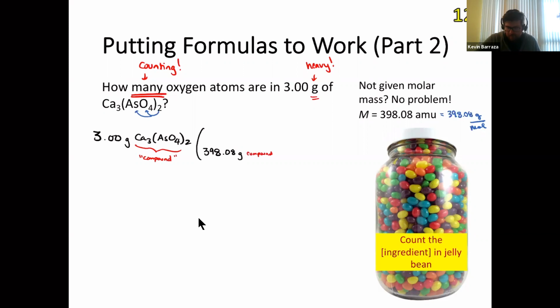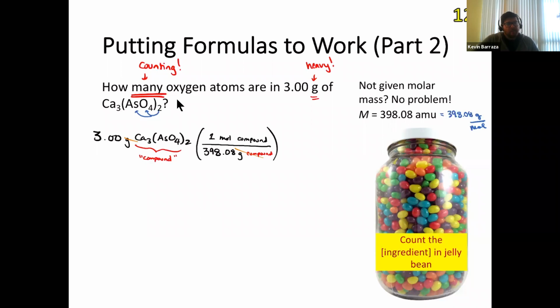That way you're still keeping track, but it's less hassle to write. That is 1 mole of compound. And this is going to mean we cancel grams of this compound to moles.